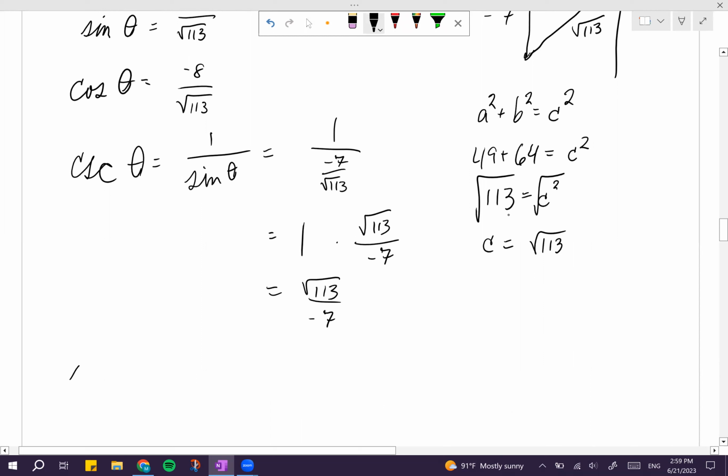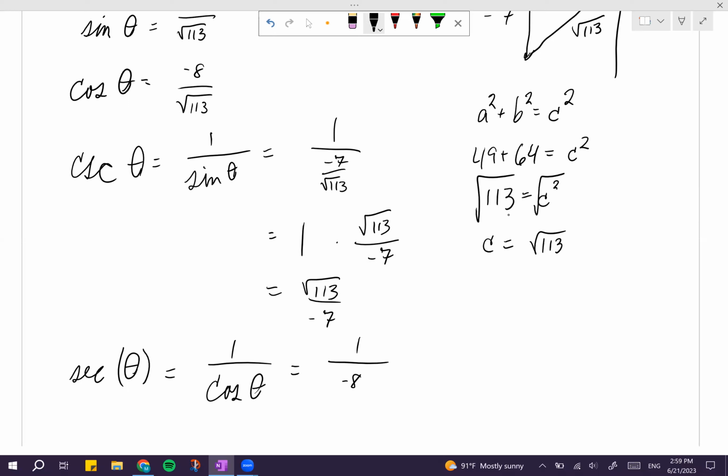Then my secant theta is 1 over cosine of theta. Right? My cosine of theta, we said, was -8 over square root of 113. Similar in these steps here, I'm going to get square root of 113 over -8.